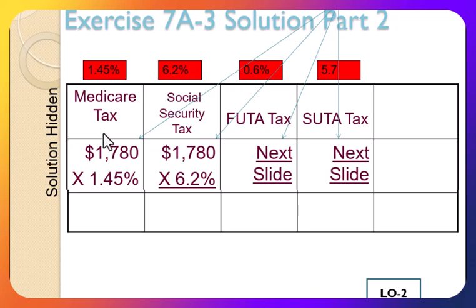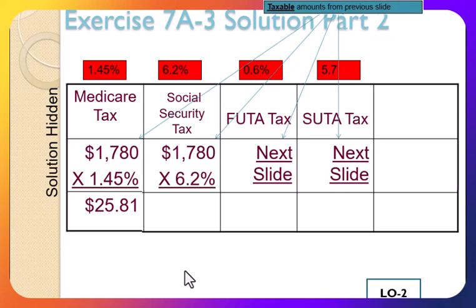For this problem, MyAccountingLab doesn't care if we lump together Medicare for employees, and also Social Security as a lump for all three as well, so we can go ahead and calculate that through. So we'll multiply those through. 1780 times the 1.45% for the Medicare will be 25.81.